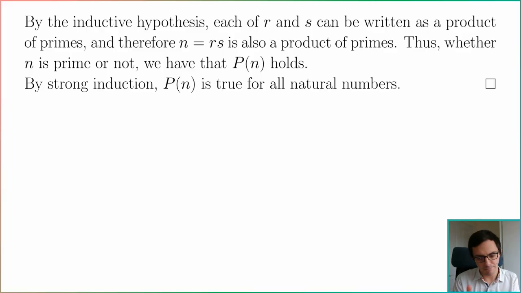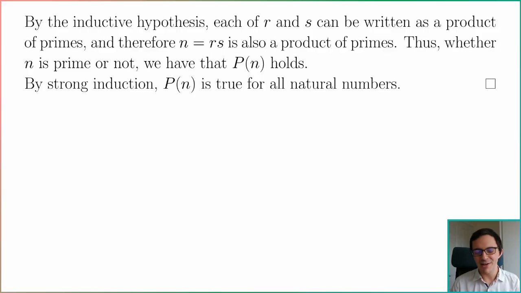You maybe want to look at smaller numbers, in which case strong form of induction is helpful, because it lets us look back at all previous cases and use the fact that the statement is true on all of those. Anyway, by strong induction, we say that Pn is true for all natural numbers. They can all be written as products of prime numbers.